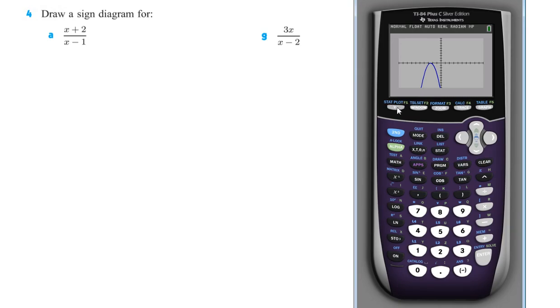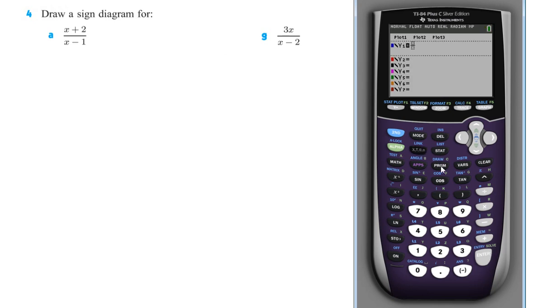Okay, one more to take a look at. Draw a sign diagram for each of these. This is just the second part of 4, it looks like. So let's pull these up and put these in. Clear. I'd like to put that in its own fraction, so I'm going to go to math, over to fractions. I'm going to take a shortcut and go to the left, and there's our fraction button.